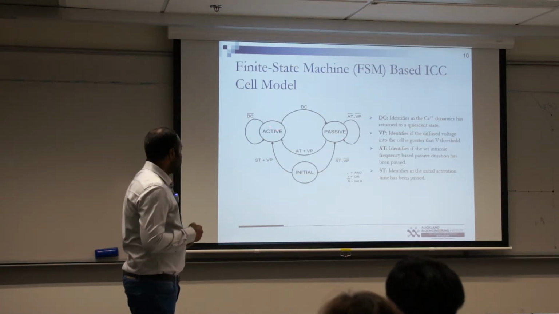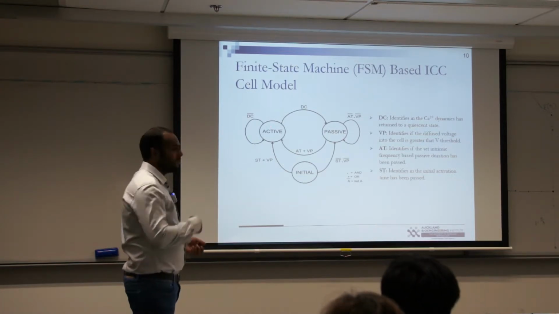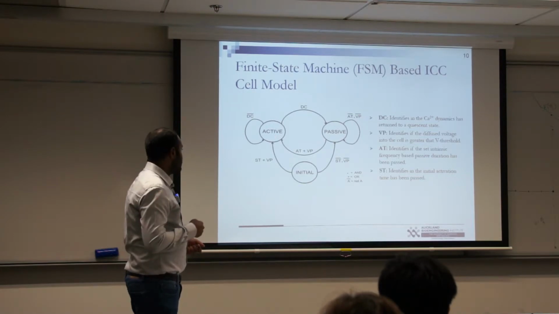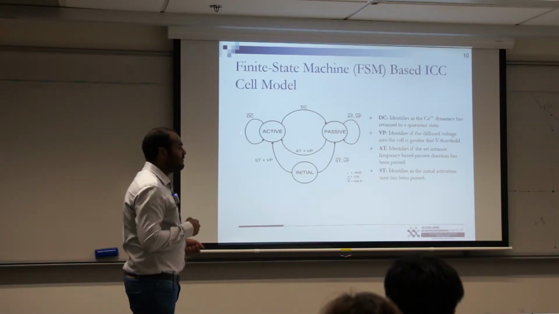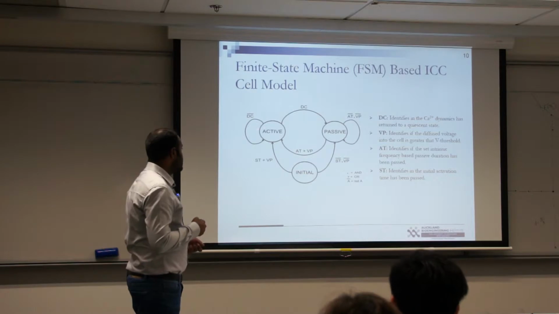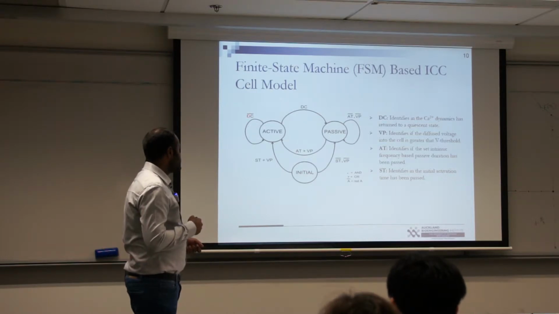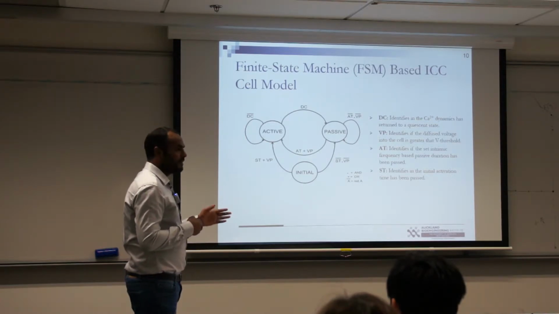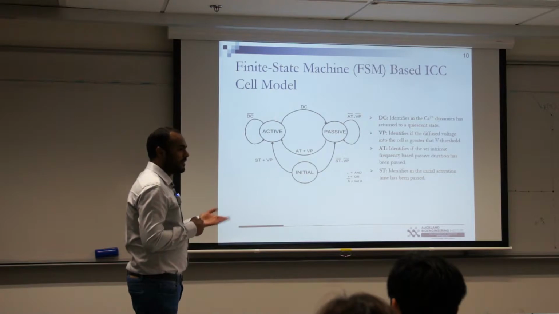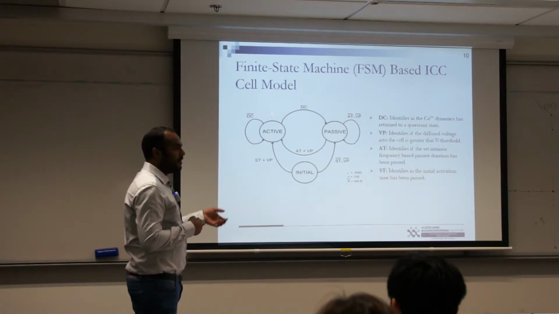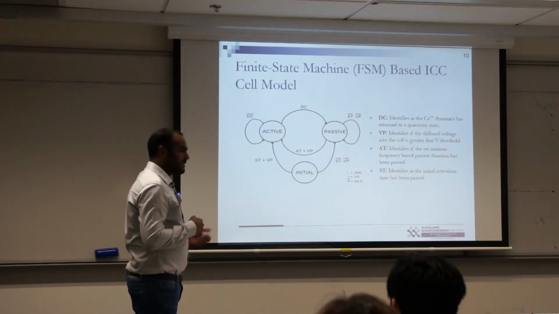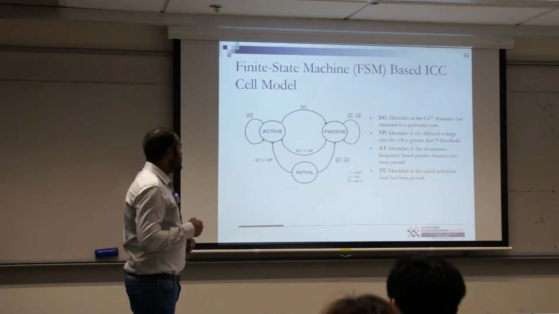In the active state, it will continuously check for the calcium dynamics. If the calcium dynamics has not reached the quiescent state, it will still be doing the entire calculation for the ionic current, taking into consideration all the ion channel dynamics that's happening there. When the calcium dynamics switch back on, it switches to the passive state.